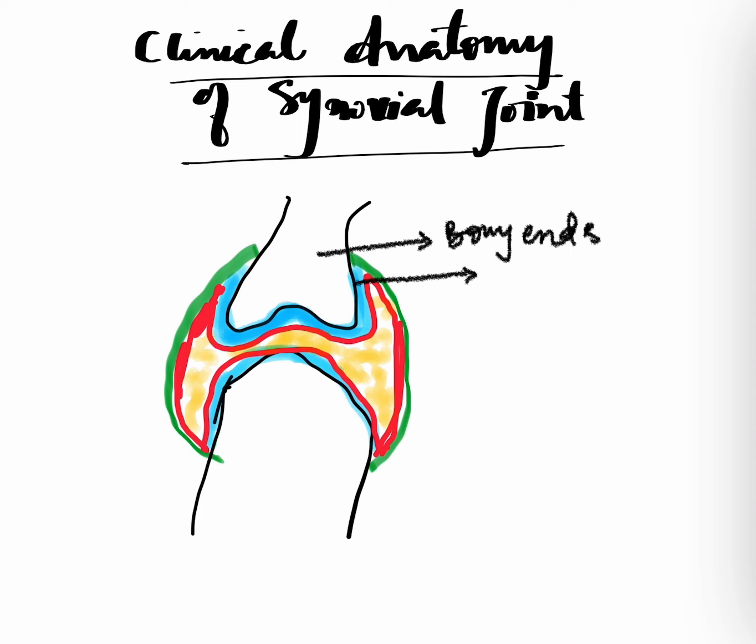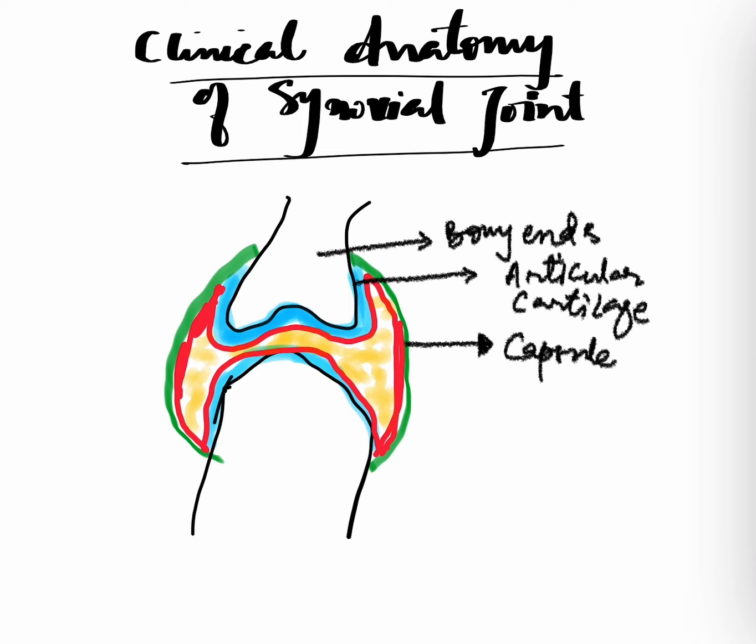This bony end is covered by articular cartilage, and outside, the joint is overall enclosed by a joint capsule, and internally, the joint cavity is lined by a membrane known as the synovium, which is responsible for producing synovial fluid.